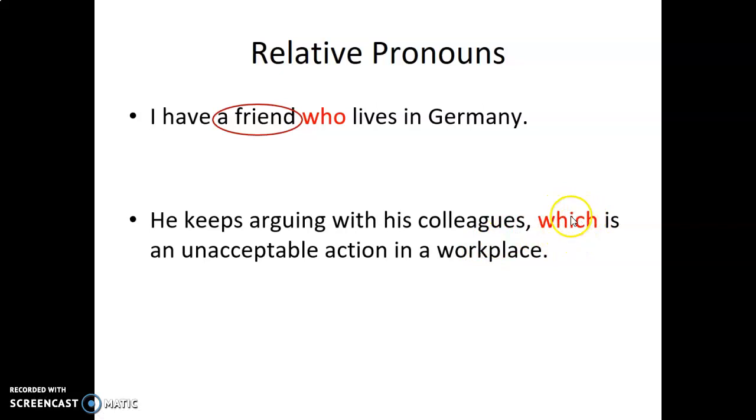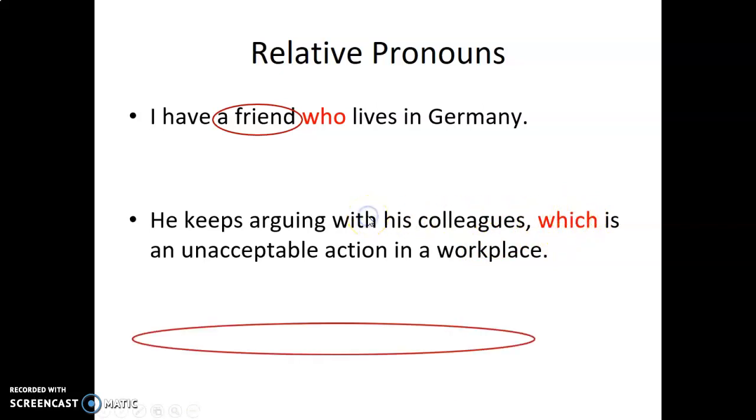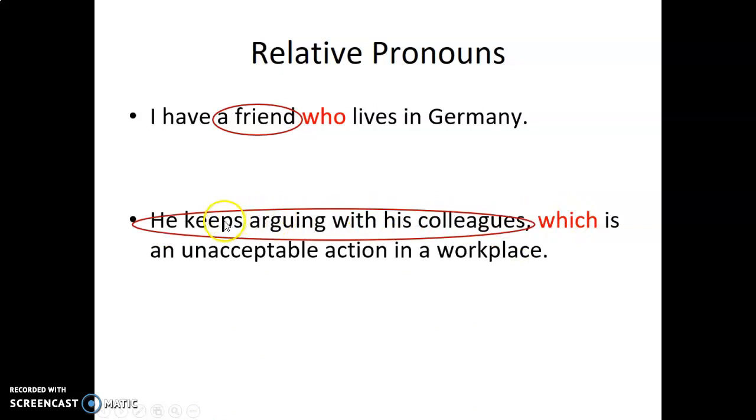Which refers to a full idea here. So it refers to he keeps arguing with his colleagues. What is an unacceptable action? Is it the colleagues? No. Is it arguing with his colleagues? Maybe, but the best statement is the fact that he keeps arguing with his colleagues.